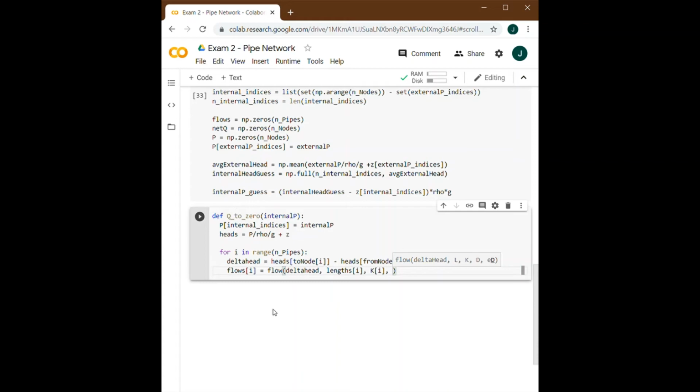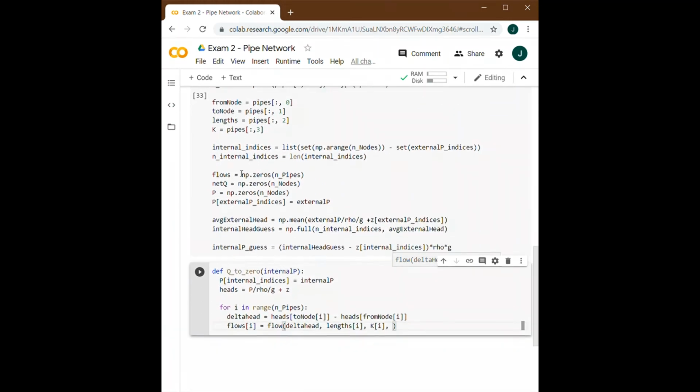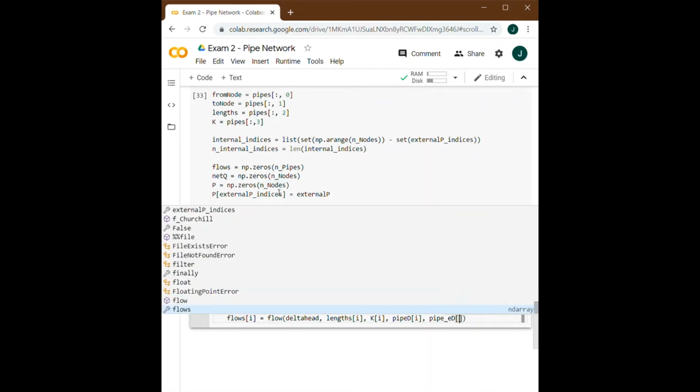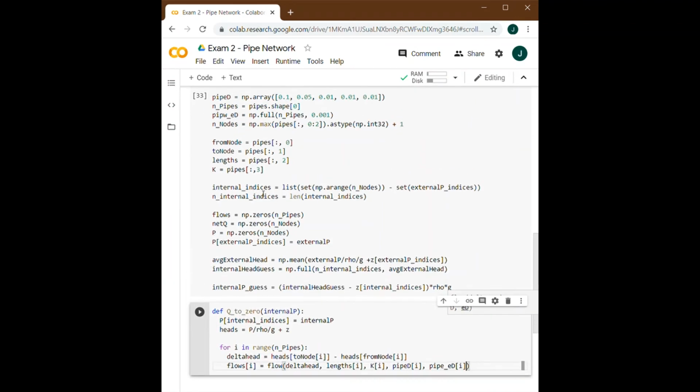Then we're going to need our diameter, which we call pipe D. And then our final argument for this is going to be our internal roughness, which we likewise created an array for here.